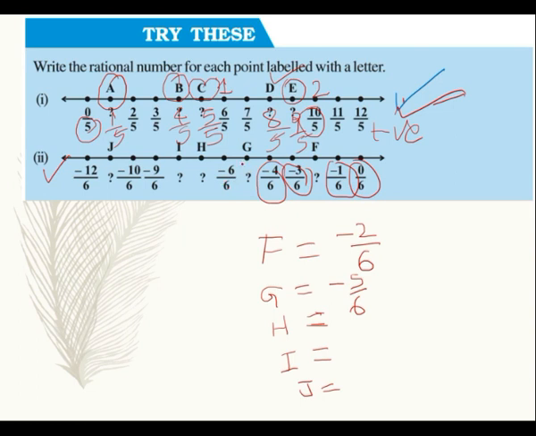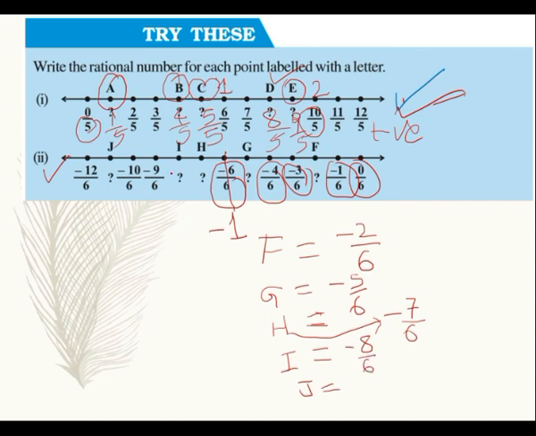Now, what does minus 6 by 6 mean? It is minus 1. Next, H represents minus 7 by 6. I represents minus 8 by 6.